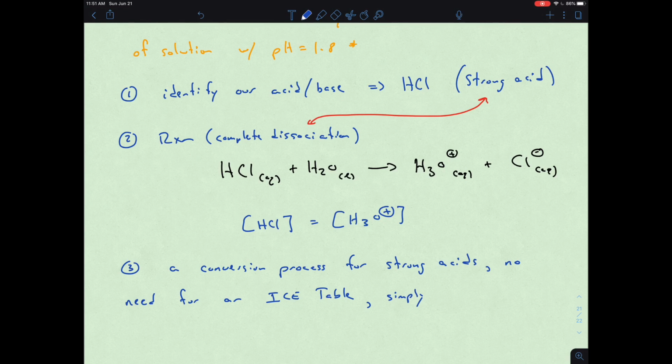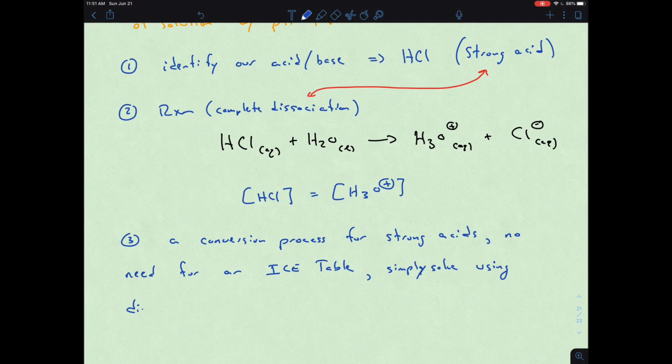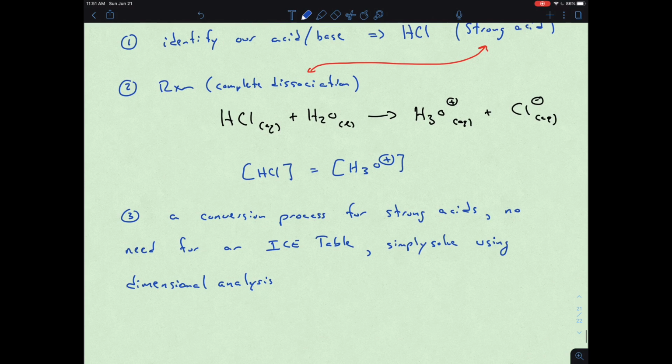We'll simply solve using dimensional analysis. So we need to approach this as a dilution example, and we want to use our dimensional analysis to determine that.